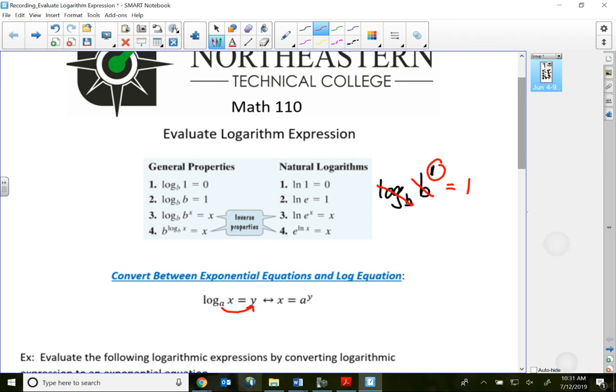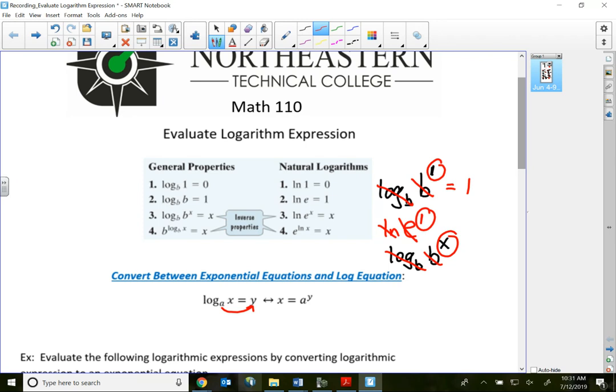Same thing with natural log, because natural log of e means e to the first, so they cancel out. That's why the answer is also 1. So that's why number 3 makes sense. Number 3 is saying if you take a logarithm with a base b of itself, then they automatically cancel, so whatever you have on the exponent is going to be your answer.